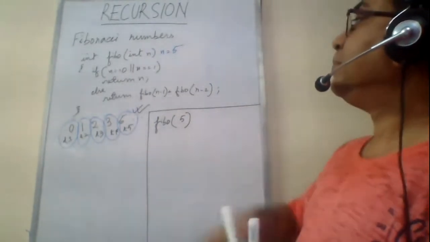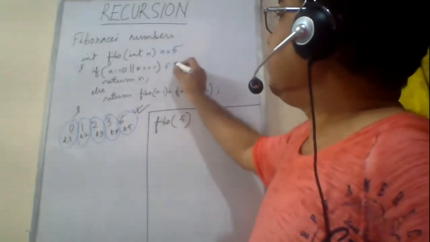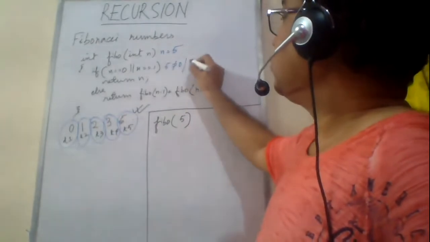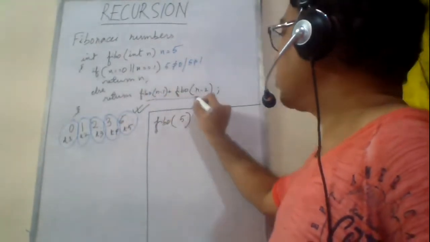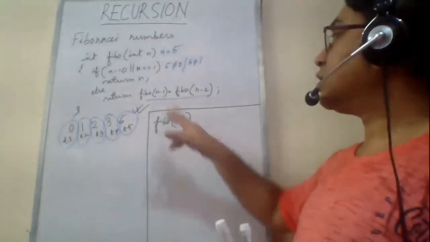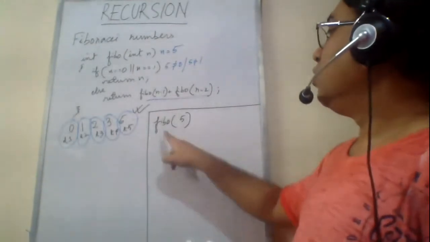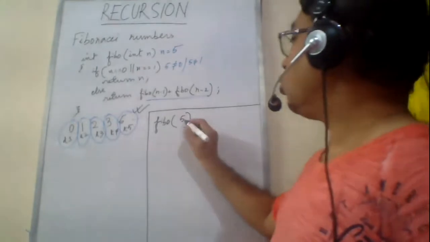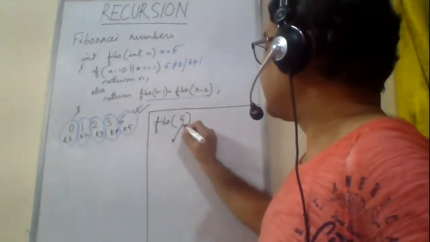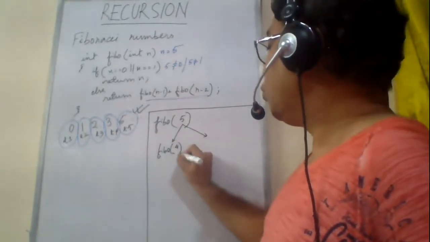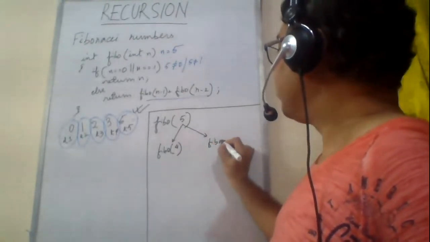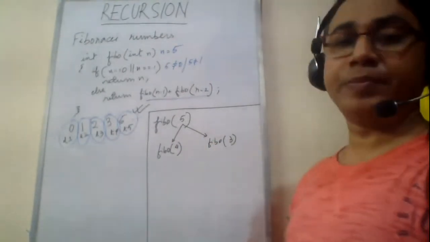So what happened? 5 is neither 0 nor 1, so it will come to this part. Now what is here in this part? Fibo of 5 will call two functions: Fibo of 4 and Fibo of 3.